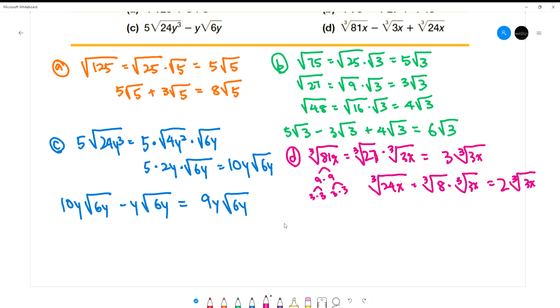The first term was 3 cubed root of 3x minus cubed root of 3x plus 2 cubed root of 3x. And these are all cubed root of 3x's. Those are like radicals. So this is 3 minus 1, that's 2. 2 plus 2 is 4 cubed root of 3x. And there you have it.